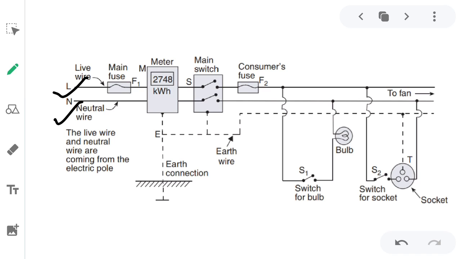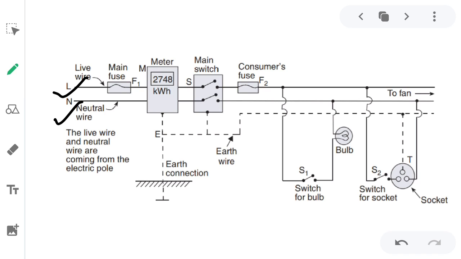As we know, for the flow of current, two different potentials are required, right? So that's why we have two different wires over here. Live wire has the potential of 220 volt and the neutral wire does not have any potential. So when we connect these two wires, the current starts flowing.